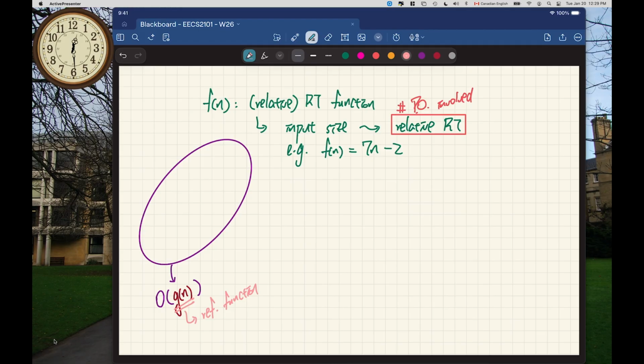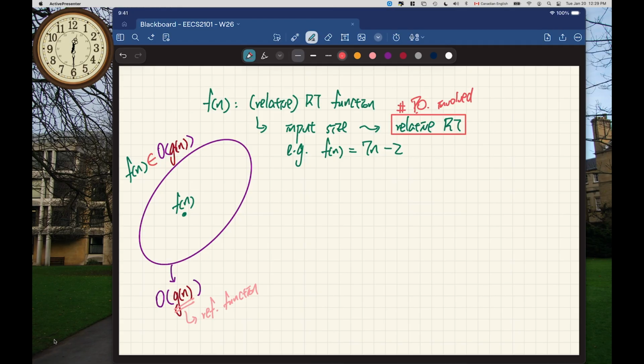If we say f of n is a member there, we can use set notation: f of n is a member of big O of g of n. That is the set membership you saw earlier in the math course.